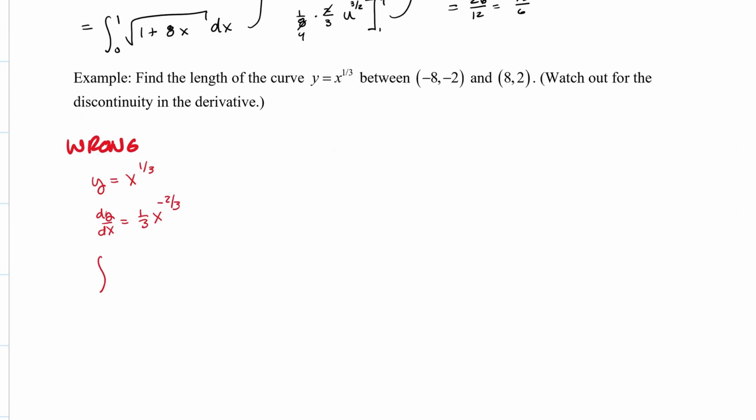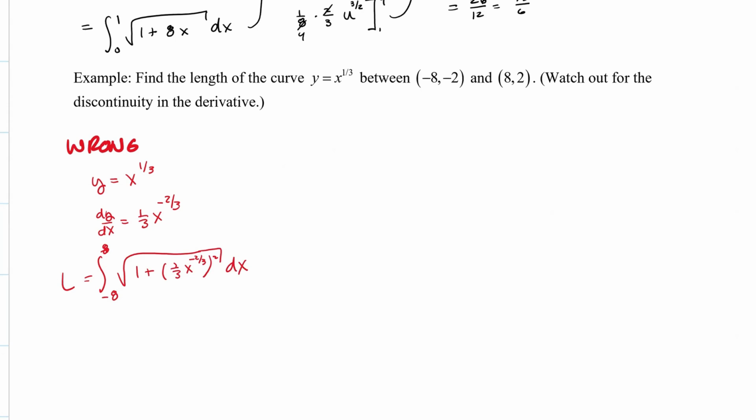And here I am going blindly towards finding the arc length from x equals -8 to 8 of the square root of 1 plus (1/3 x to the negative 2/3) squared dx. And I don't even think I'm going to be able to find that antiderivative.